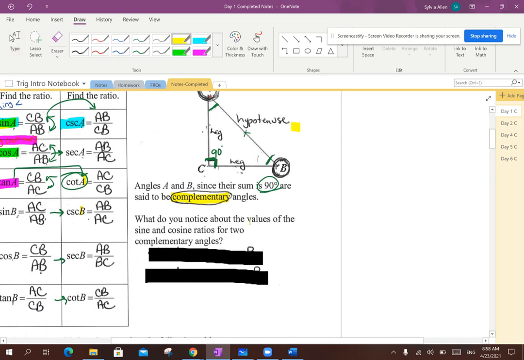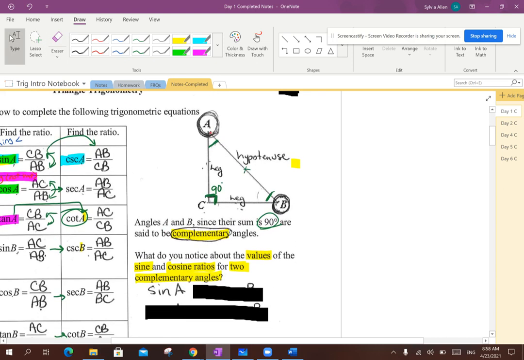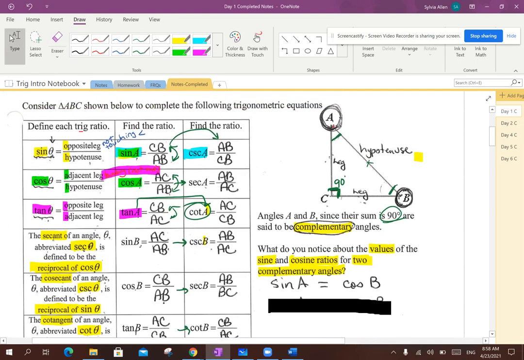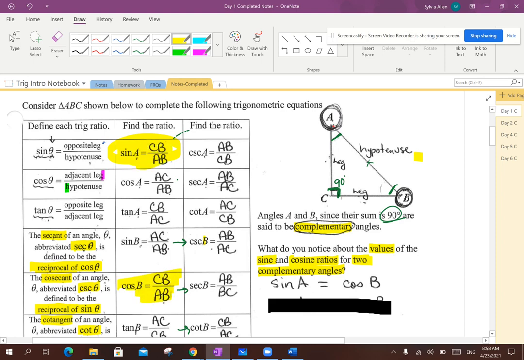So what do you notice about the values of the sine and cosine ratios for two complementary angles? What that means is sine A is equal to cosine of B. So let's take a look at that. If we look at these ratios over here, sine of A, is that the same thing as cosine of B?